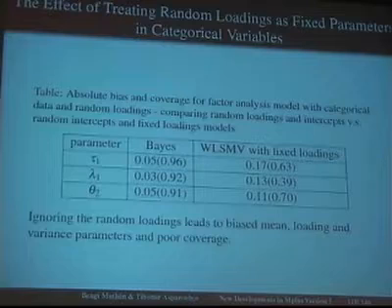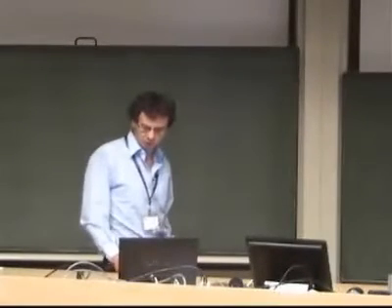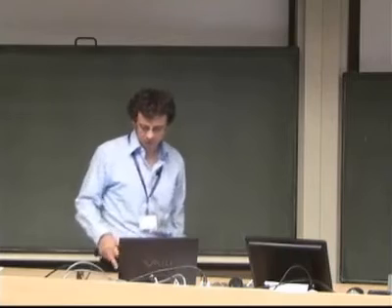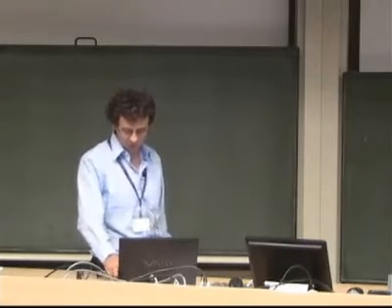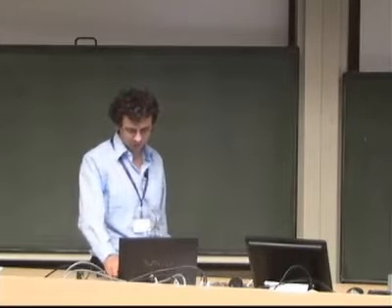So that's a little bit to convince you that you have to explore random loadings. The parameter estimates can be severely biased if you don't, and if you really have random loadings.